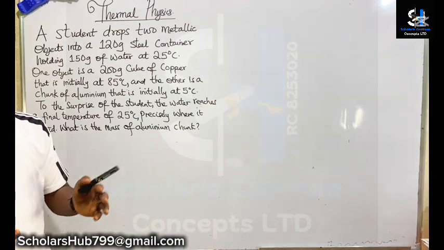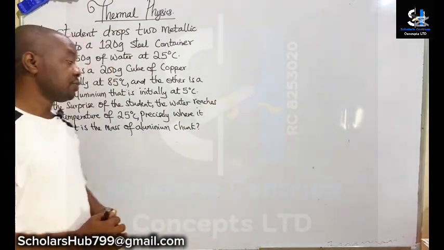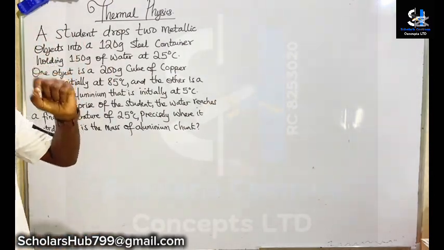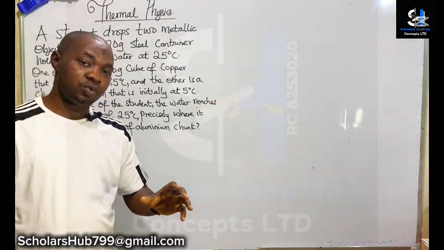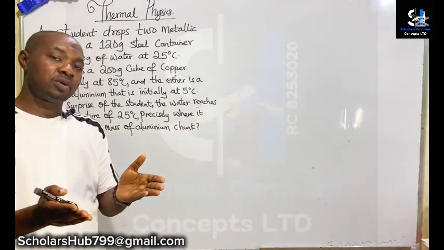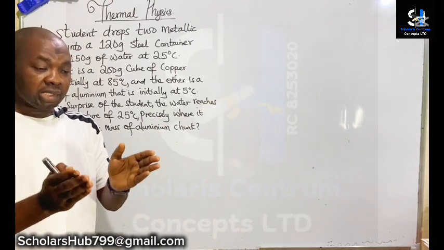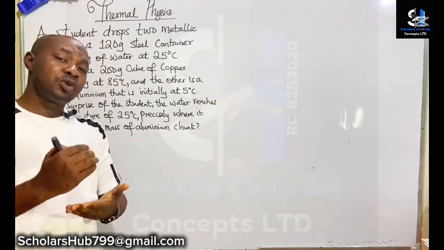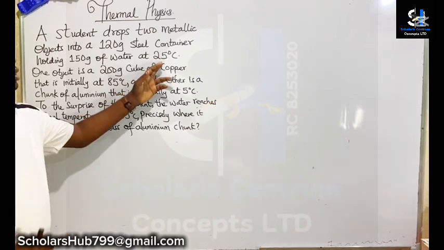That is using what we call conservation of energy. Now, the final temperature of the mixture, which is the maximum steady temperature, that is when thermal equilibrium is reached, the temperature reaches 25 degrees Celsius.